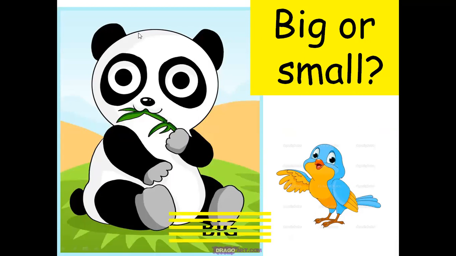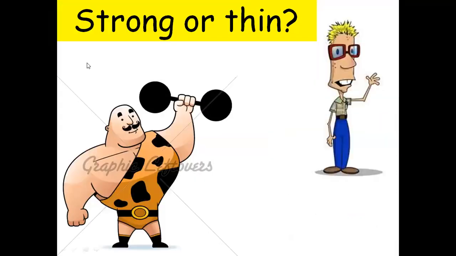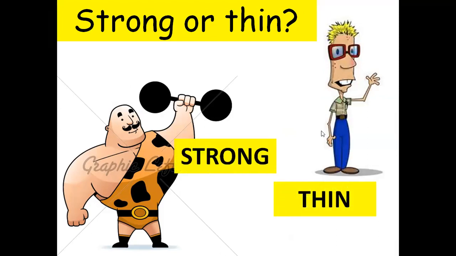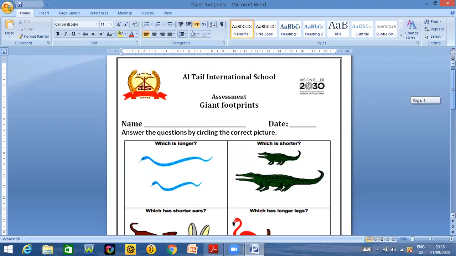Panda is big and bird is small. Strong and thin. The man is strong and this man is thin. Okay, boys, let's solve the worksheet.